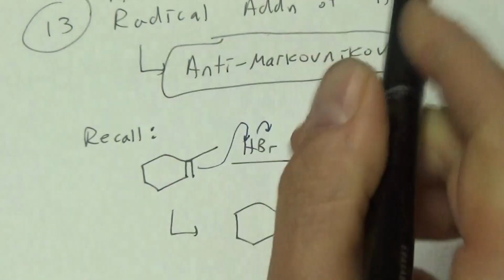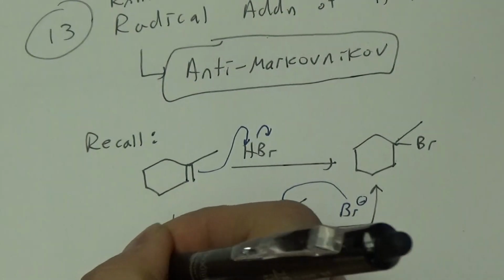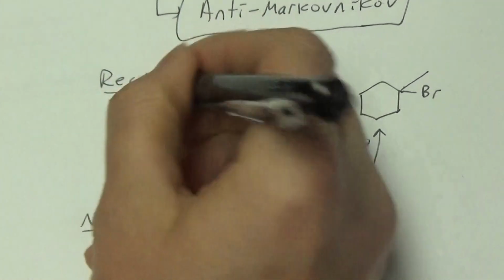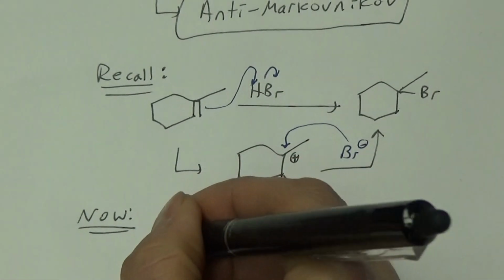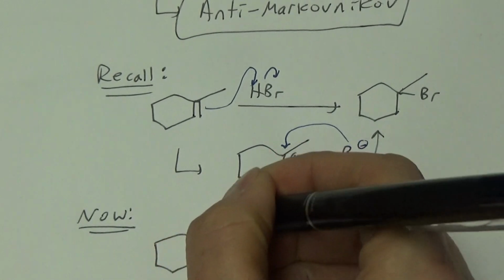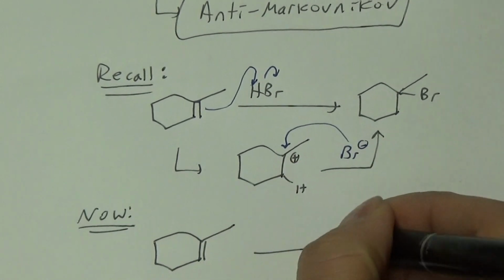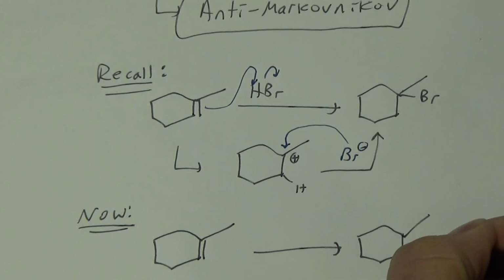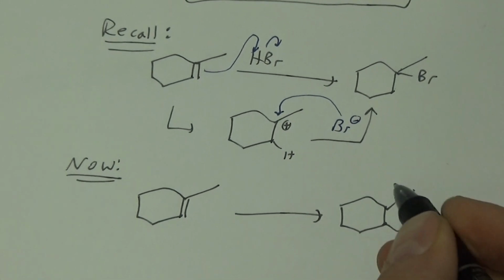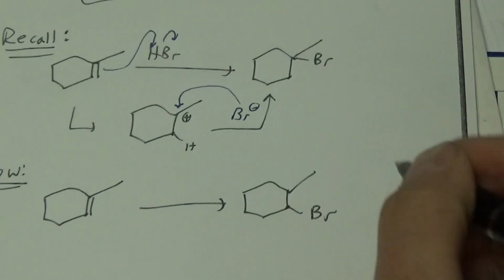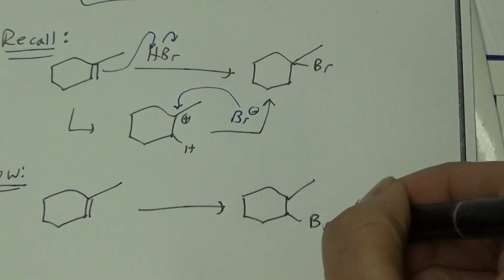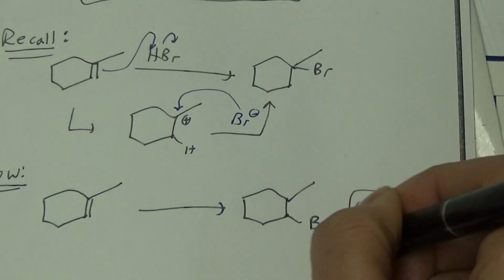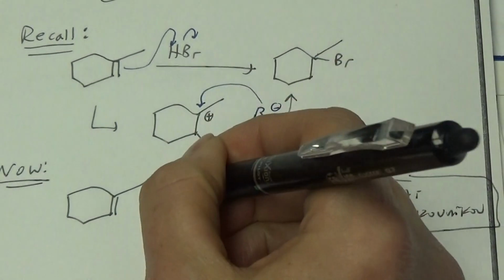Okay, so what we're going to show now is an alternate way of doing this, where the bromine actually goes anti-Markovnikov. And it was HBr plus something else.